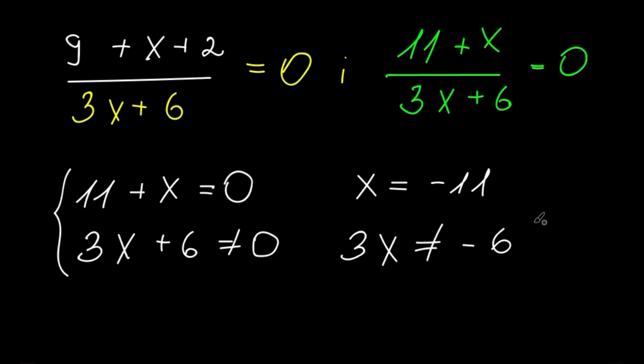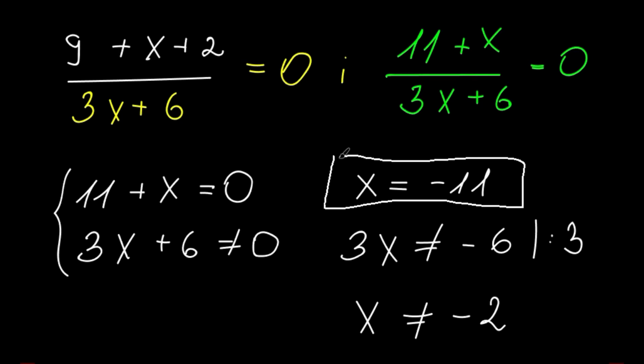And now we divide both sides by 3, and we get that x is not equal to minus 2. So our answer is minus 11. If we would get here minus 11, it would mean that our equation has no solutions, at least not real solutions.